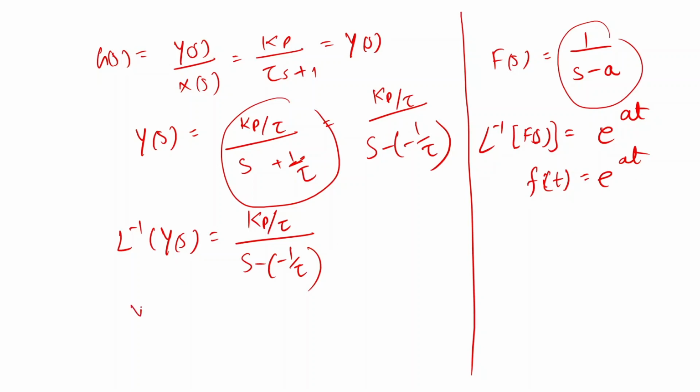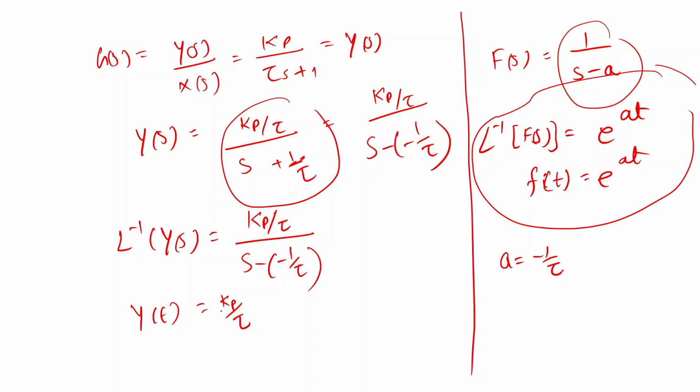So here we can write Y(t) is equal to Kp upon tau, which is anyway a constant, and we compare 1 upon (s minus (minus 1 upon tau)) with 1 upon (s minus a). From that we get a is equal to minus 1 upon tau. So using this Laplace inverse formula, we can write f(t) is equal to Kp upon tau into e raised to at, where a is minus 1 upon tau.